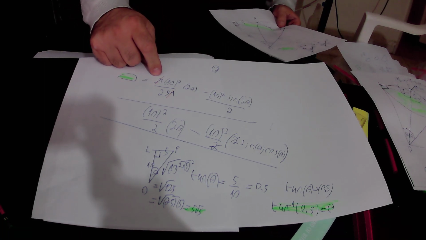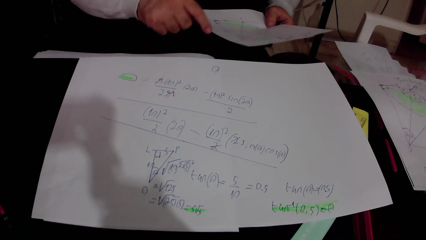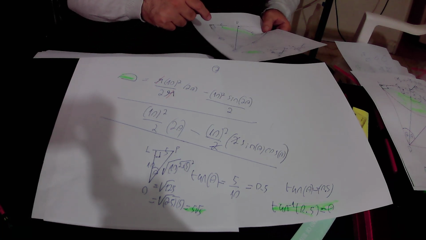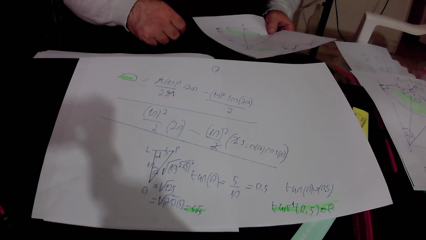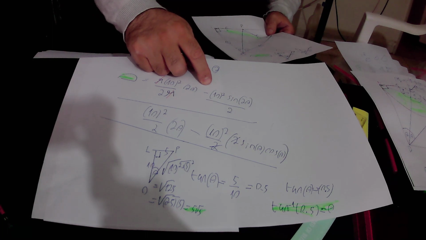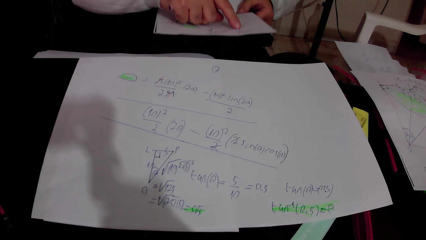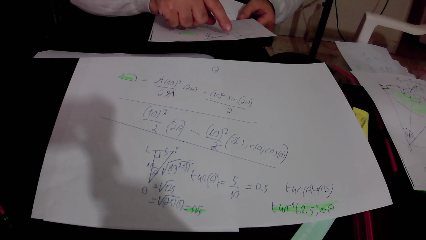Here theta in the numerator and theta in the denominator get cancelled, minus the area of triangle LNO. The area of triangle LNO equals the product of its sides, 10 times 10 times sine 2 theta, the angle between the two sides, over 2.